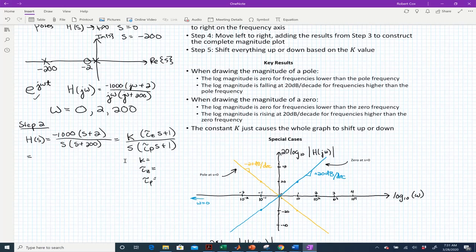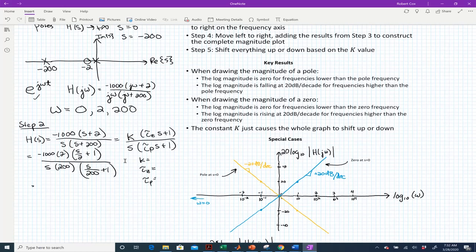So this becomes negative 1,000 times 2 times (s over 2 plus 1). If I distributed the 2 into this s over 2 plus 1, you should see that I get s plus 2. And on the downstairs here, I have s times 200 times (s over 200 plus 1). If I distributed the 200 into this s over 200 plus 1, I would get s plus 200.